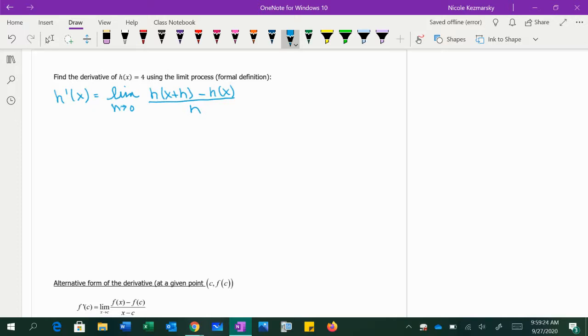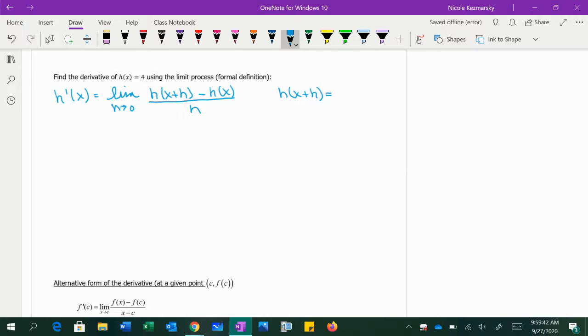Okay? So if I try and identify h of x plus h, that means I'm plugging x plus h into an x value. Problem is, there's no x value. Our function is just equals 4. So it's not 4x, it's not 4x squared, it's just 4.